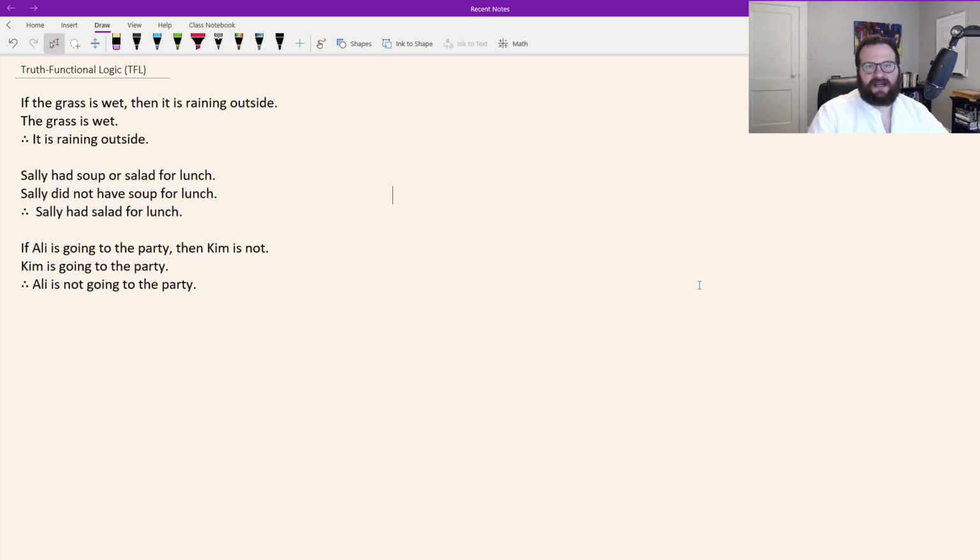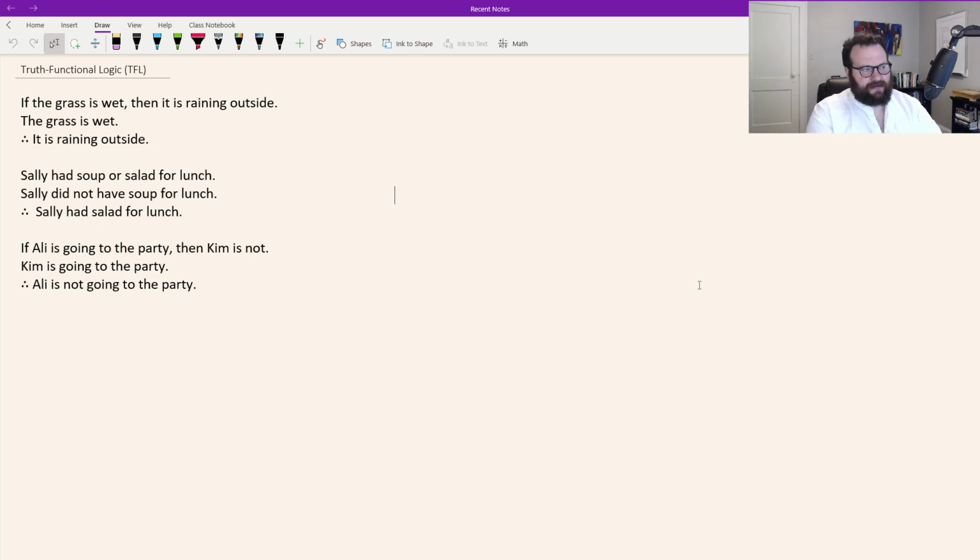Yes, it does. And notice that the validity of this argument does not depend on you understanding anything about the terms involved. It doesn't matter if you know anything about grass or rain or outside, right? None of that matters because this argument is valid by virtue of structure or form alone, right?